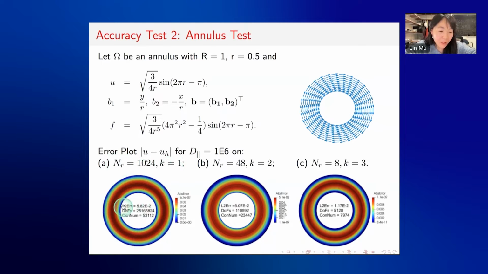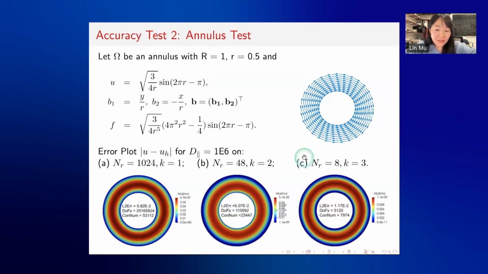The L2 error is 5.8E-2, the related DOF is 2.5 million, and the condition number is very large. Now let's try the quadratic finite element scheme to achieve a similar error. For the similar error, we only need a DOF of 0.1 million, and the condition number is actually decreased, so the problem is better to solve.